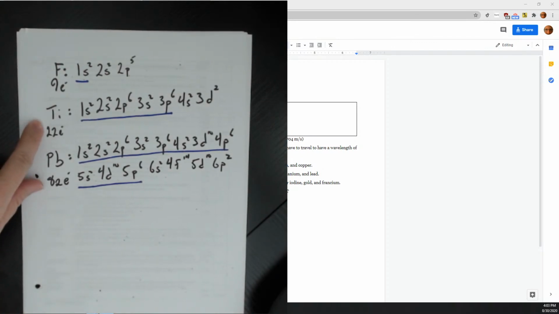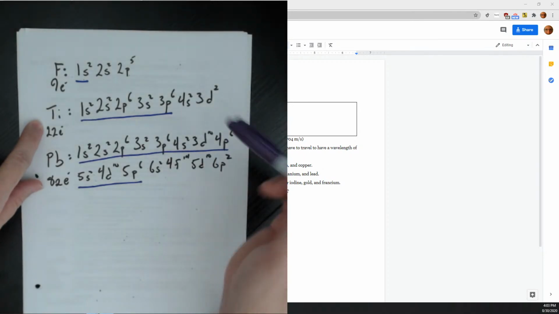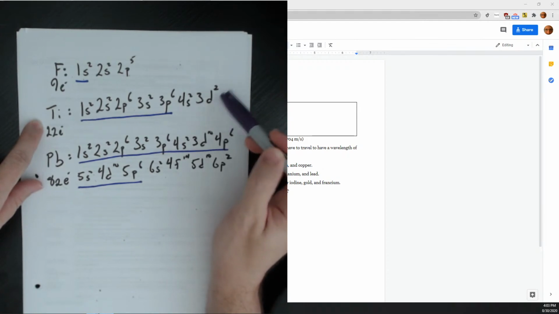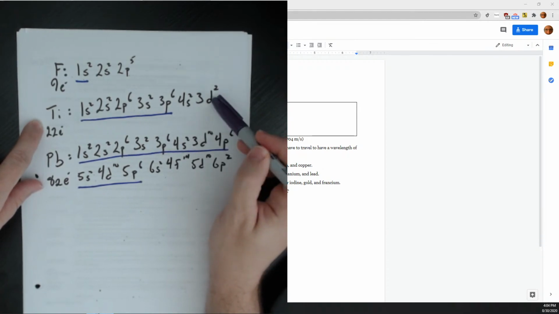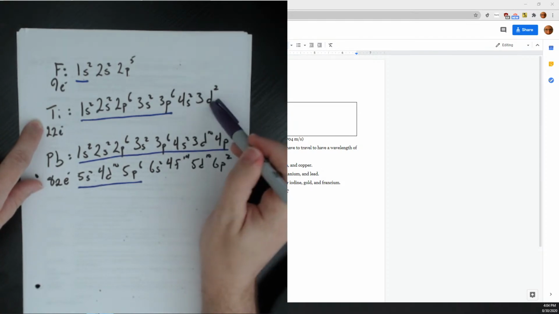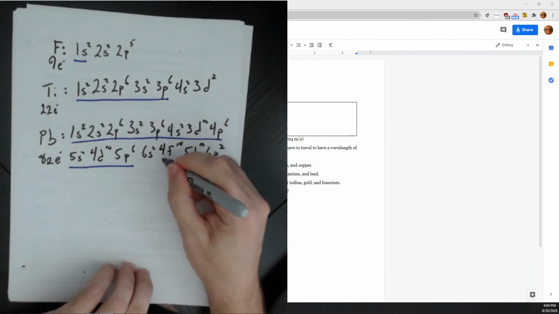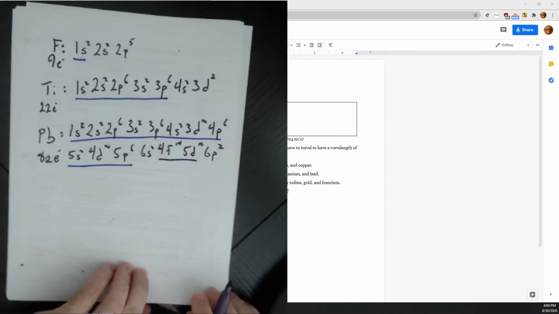Titanium doesn't really have any honorary core. The only candidate would be the 3d electrons, but there aren't enough of them. So these guys don't have the degeneracy necessary to act as honorary core. It only kicks in when you have a half full or completely full D or F subshell. So that means that these two are honorary core.